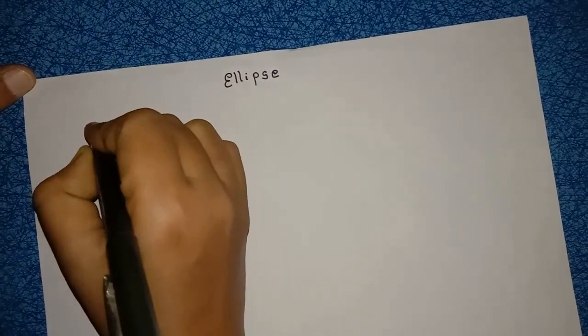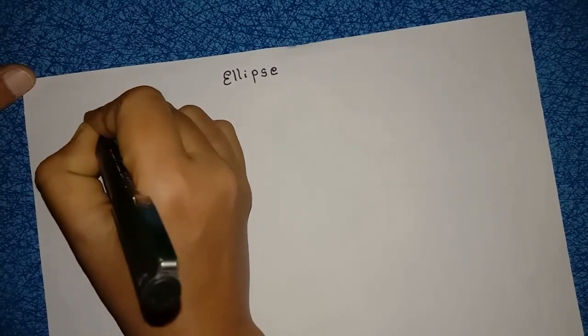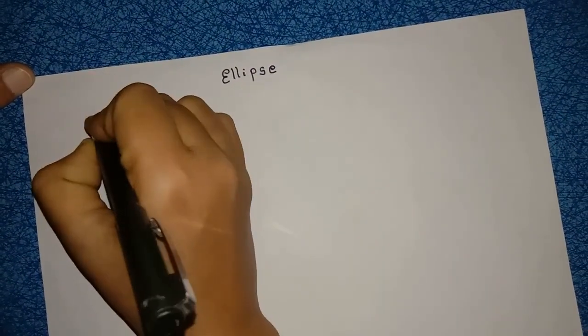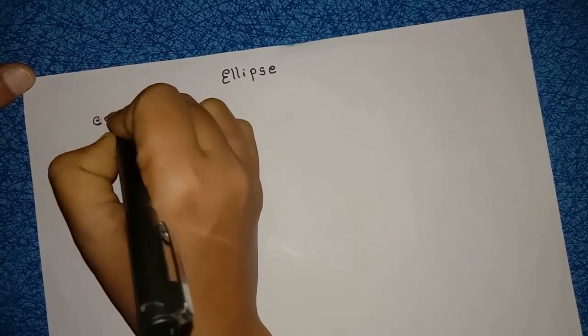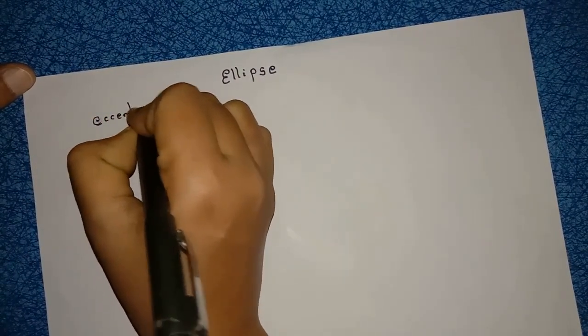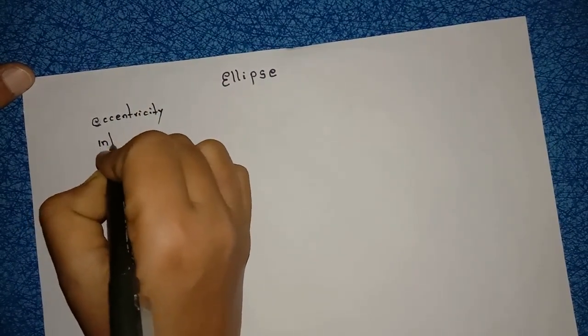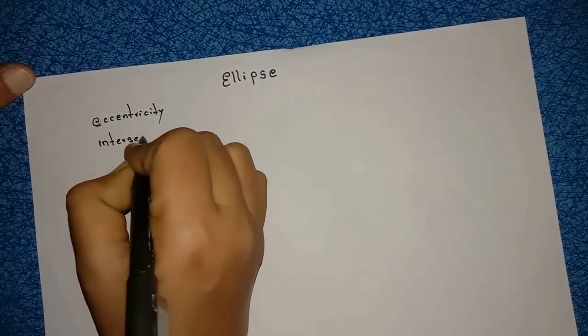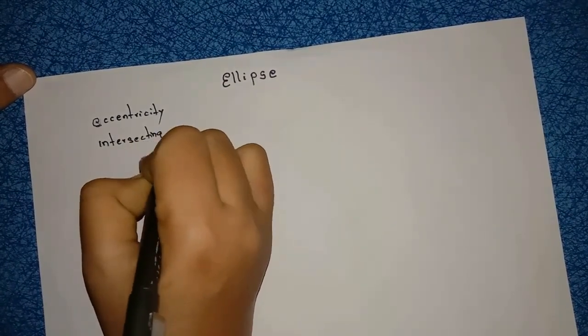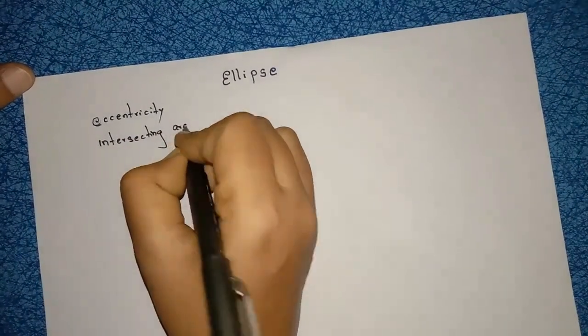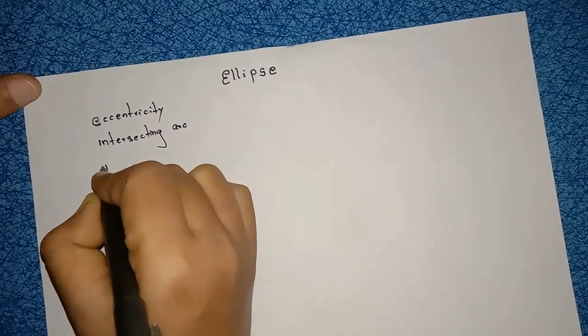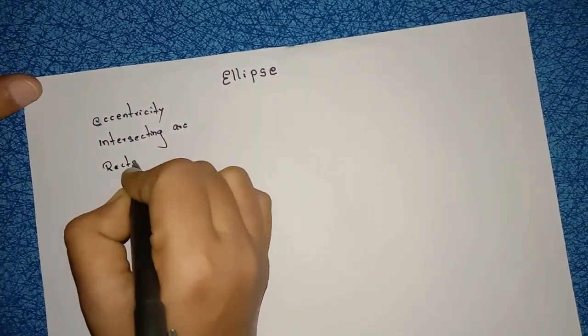The first one is the eccentricity method. The second one is the intersecting arc method, or arcs of circle method. The third one is the rectangle method, or oblong method.